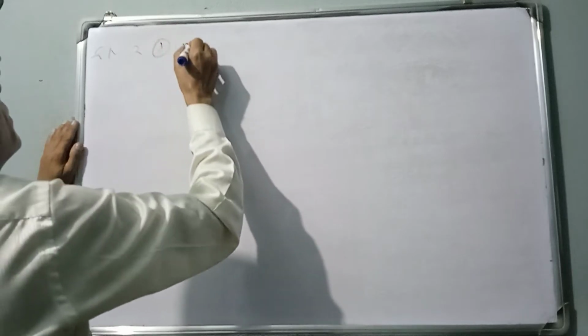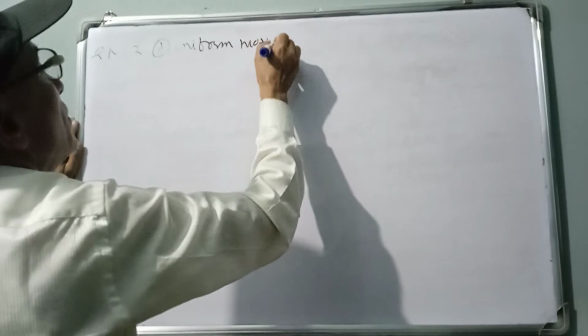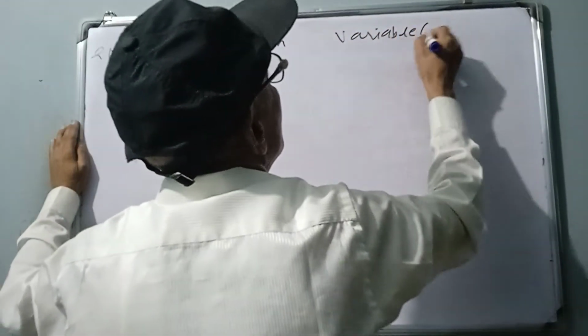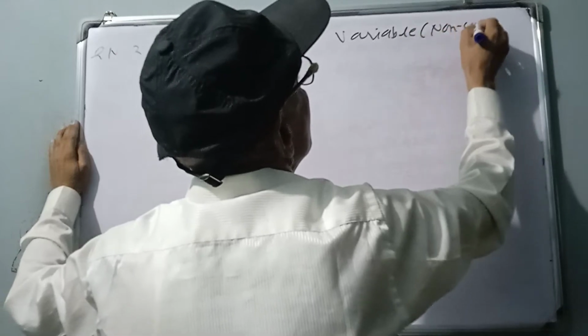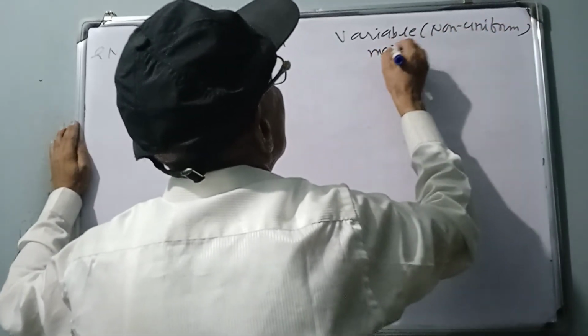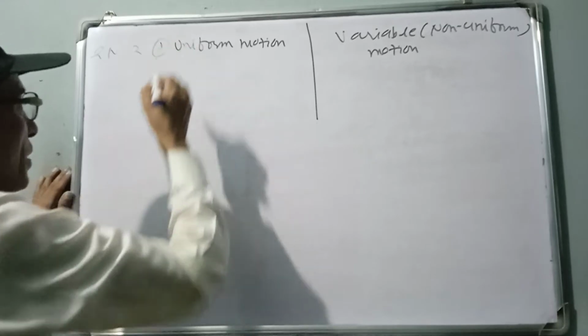You can write uniform motion and non-uniform motion. Uniform motion, variable. Remember, non-uniform motion, there is only one, therefore it is better to write down only one point.